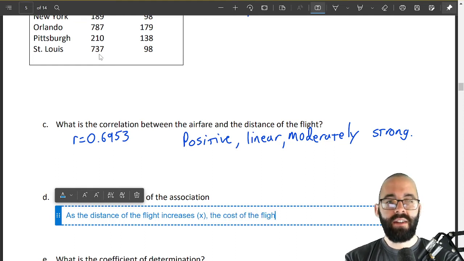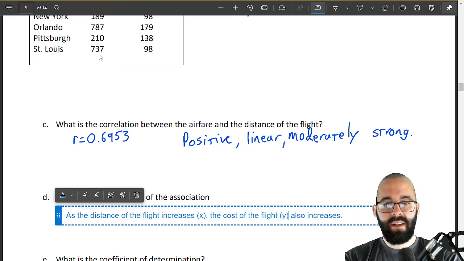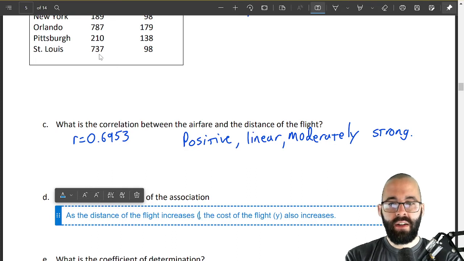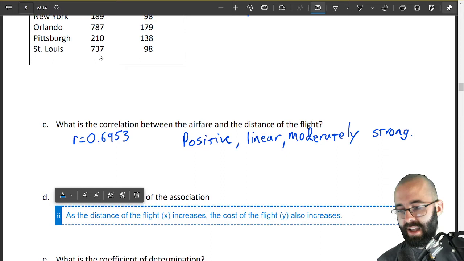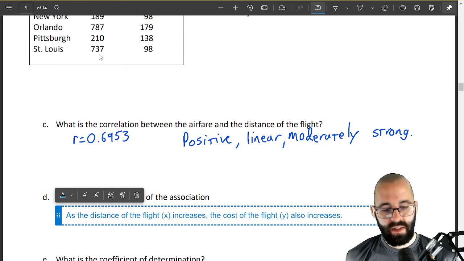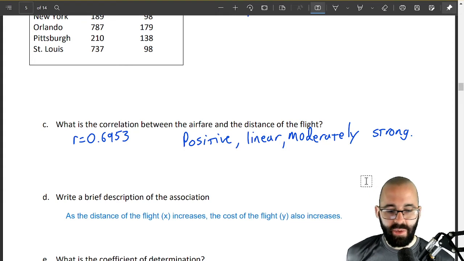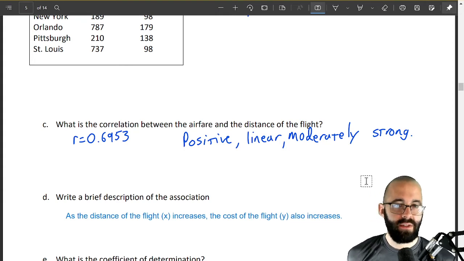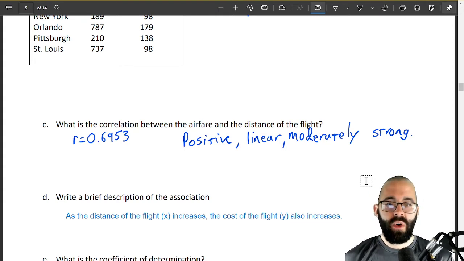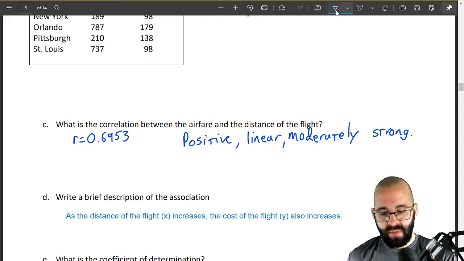The cost of the flight also increases on average. Cost of the flight is y. Distance the flight travels is x. That is one way of describing this. You could also include the explanation about how strong the correlation is as well. But this is the heart of what this question's asking.